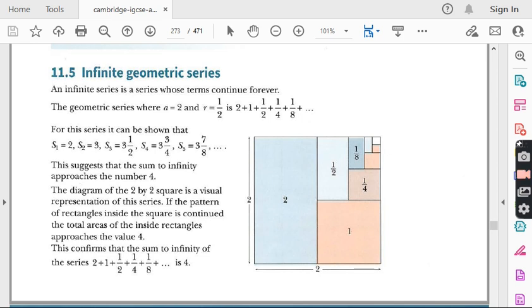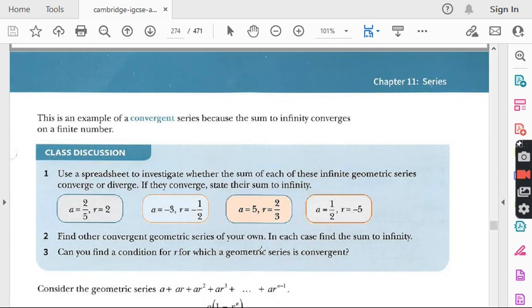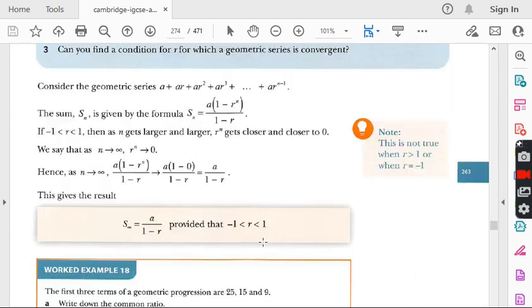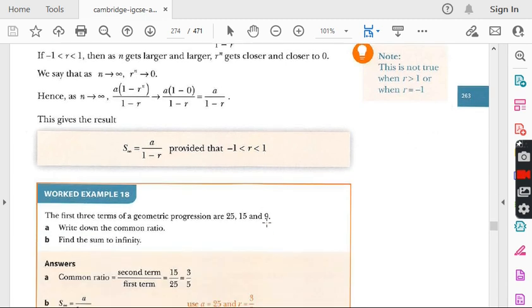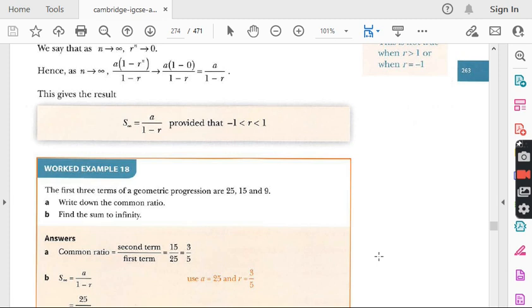Interesting, isn't it? We don't know the last term of the series, but we can add. Why? Because the series is convergent. I will not tell more about the meaning of convergence, but I am giving you the formula of the sum to infinity of an infinite geometric series: S subscript infinity is equal to a upon 1 minus r, where a is the first term and r is the common ratio.